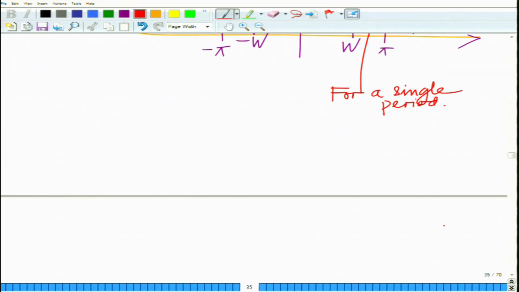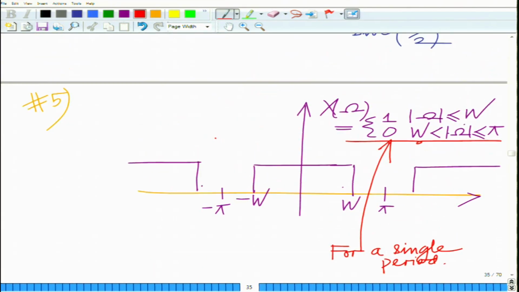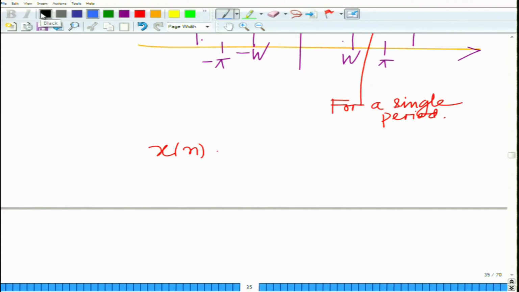This is X of omega, and what we need to do is find the inverse DTFT of X of omega, which is 1 in this interval of width minus W to W. So, you can say this is a discrete time Fourier transform with a bandwidth of capital W. It is 1 in this band minus W to W.